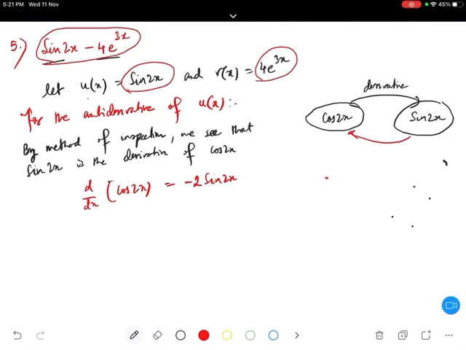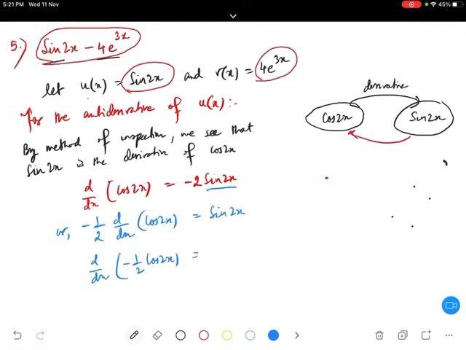Now we need to find the antiderivative of sin 2x. So this minus 2 is extra, so I will take this minus 2 to this side. So what will happen? Minus 1 by 2 d dx of cos 2x, and that is equal to sin 2x. Okay, now this minus 1 by 2 I will take inside. So d dx of minus 1 by 2 cos 2x is equal to sin 2x.